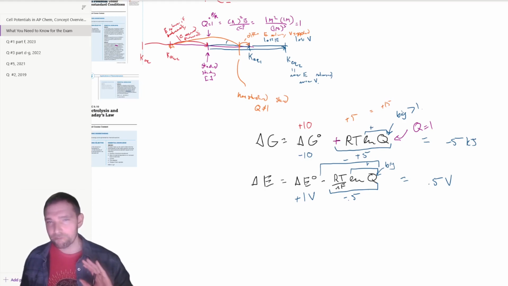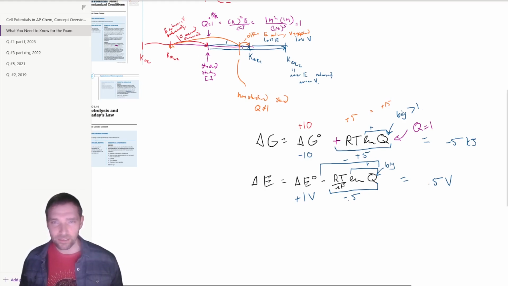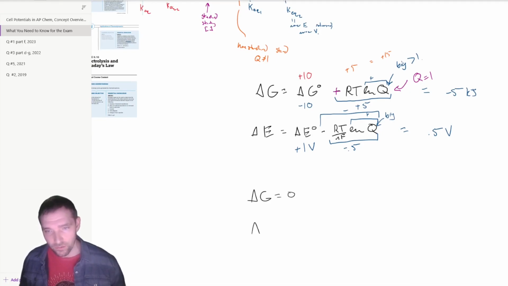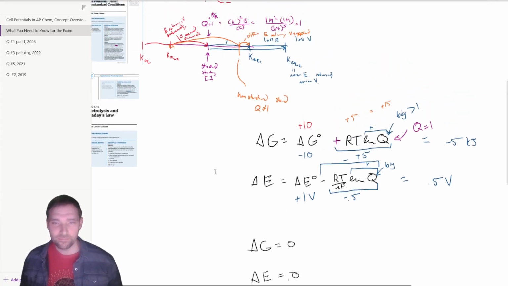Now, this is where I like to think about these things as kind of canceling. So if change in G is 0, or the change in this electrical energy is 0, that means these two parts are canceling out, right?